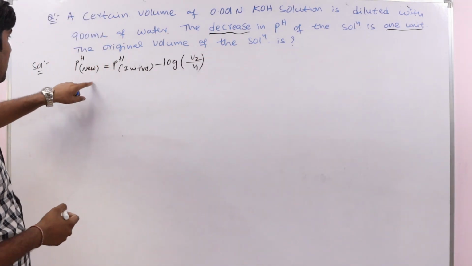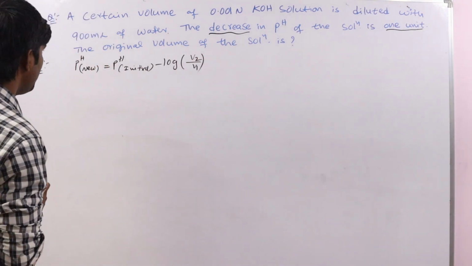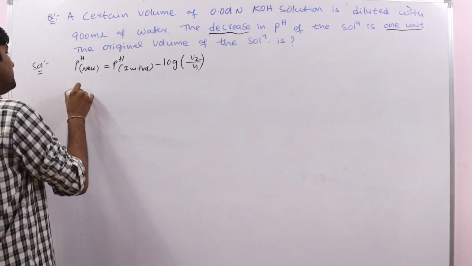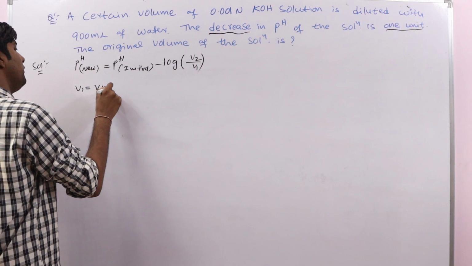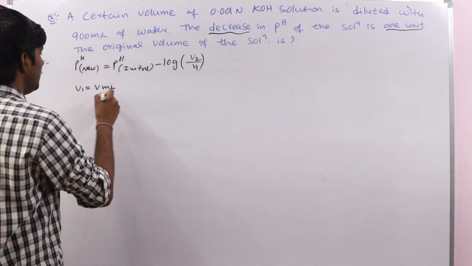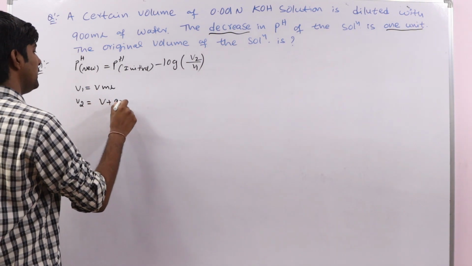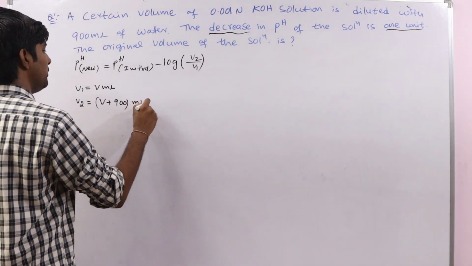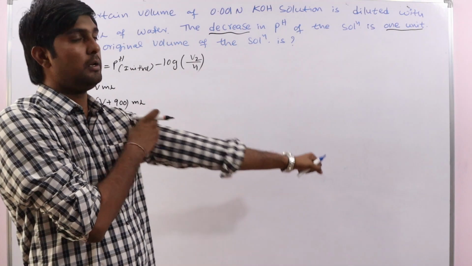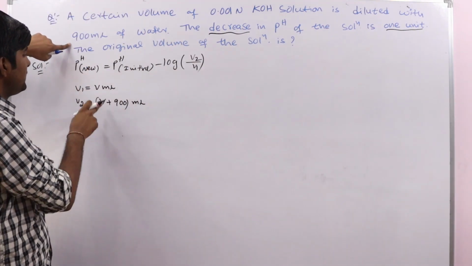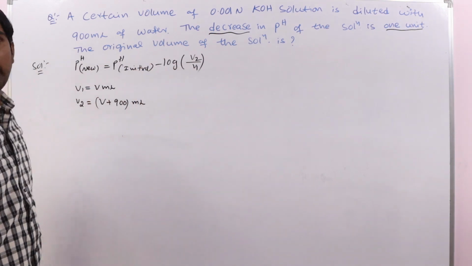Here, let us assume that V1 is equal to V ml and V2 is equal to V plus 900 ml. Yes or no? Because the solution is diluted with 900 ml of water, so V plus 900 is the final volume V2.